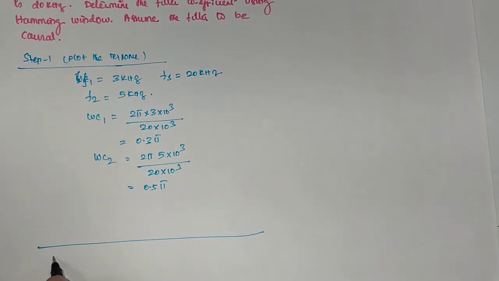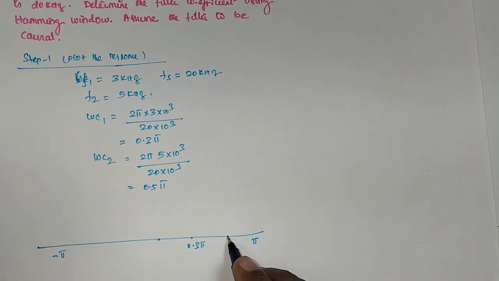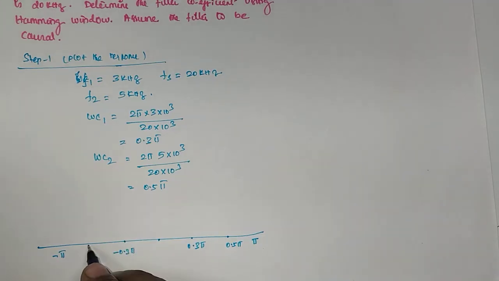The frequency axis is between minus pi to plus pi, and the lower cutoff frequency is 0.3 pi. The upper cutoff frequency is 0.5 pi, and similarly minus 0.3 pi and minus 0.5 pi.